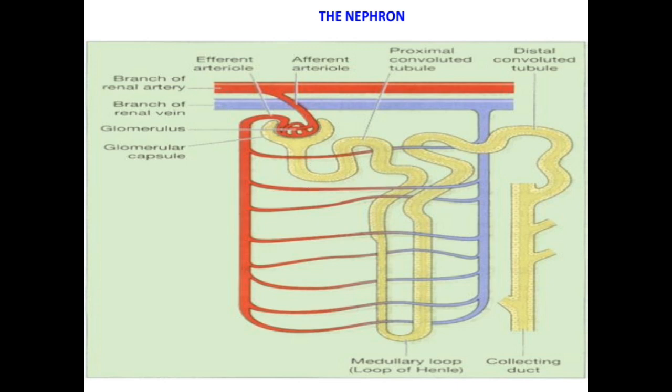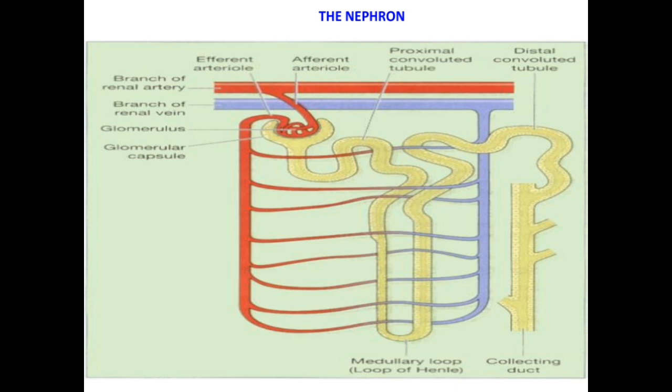So after this has happened, some substances will remain in the Bowman's capsule. Upon reaching the Bowman's capsule, the substances will start moving downwards. As they reach the proximal convoluted tubules, there will be a release of a hormone called antidiuretic hormone.